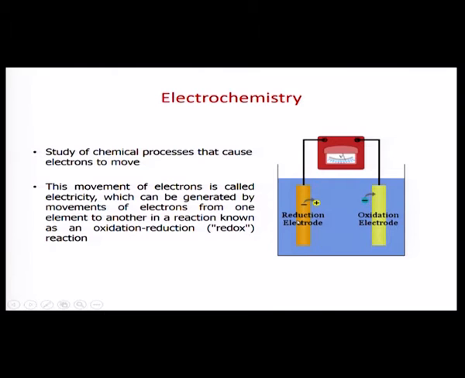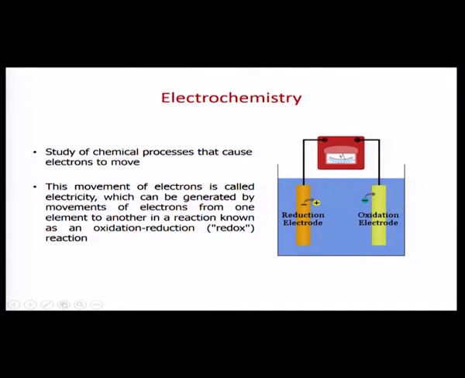During this process, reduction or oxidation, electrons move across the electrode through the current, and that is noticed. The movement of electrons is usually noticed as electricity, which can be generated by movement of electrons from one element to another in a particular chemical reaction, and this is known as oxidation reduction, or popularly redox reaction.